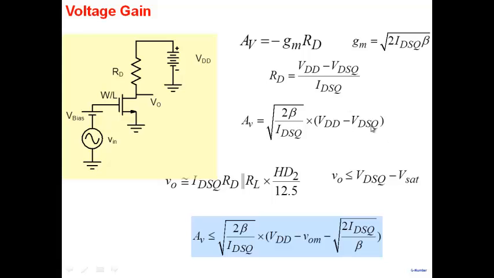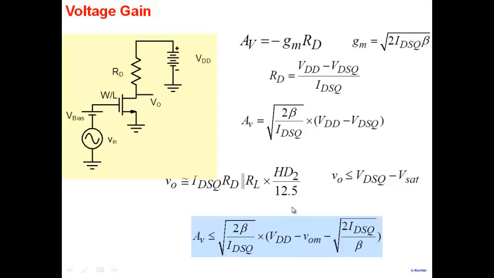So we have said VDSQ must be greater than V0M minus Vsat. This is Vsat. Another way of writing VDSat is 2 IDSQ by beta. And therefore, my gain must be less than or equal to this one, because VDSQ must be greater than this term. Okay, so I've factored the voltage swing into my expression.